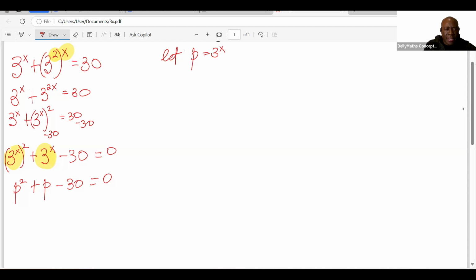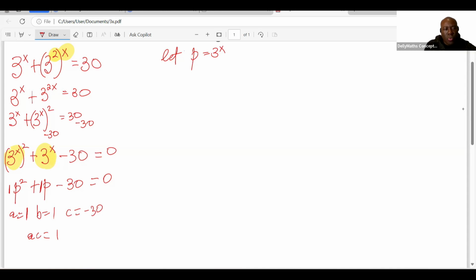If I'm factorizing this, my a value is 1, my b value is 1, and my c value is negative 30. A is the coefficient of the square, and so that's how we get the 1 here. B is the coefficient of the p, which is 1, and c is the constant term. So what is AC?